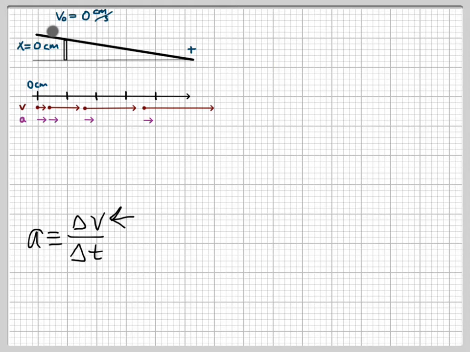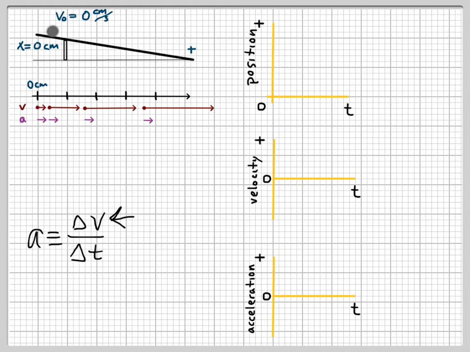What does the position graph look like, and the velocity and the acceleration? The position starts at the origin, and it increases as time goes by, and it increases with the square of time, as we've already learned. And so also, as we've already learned, the position graph would look like this.